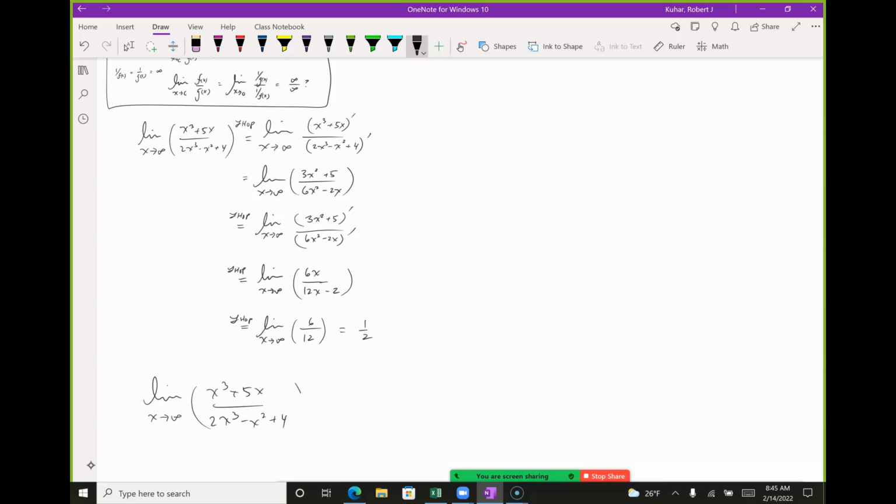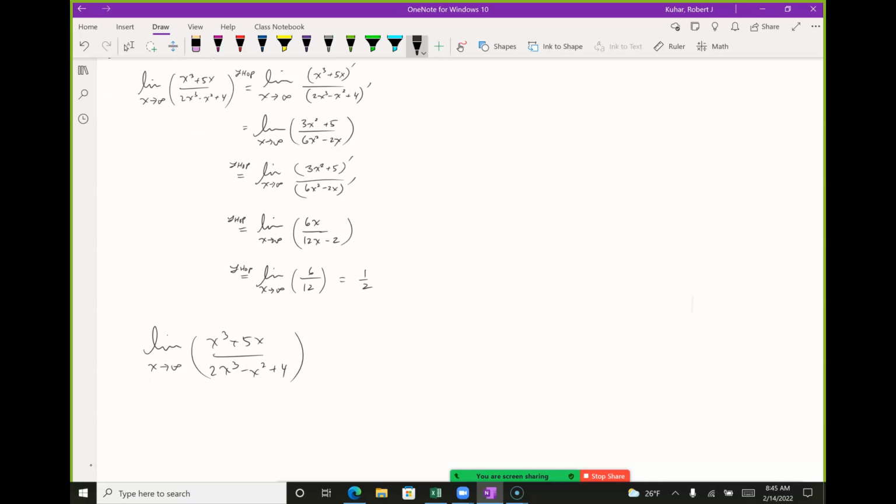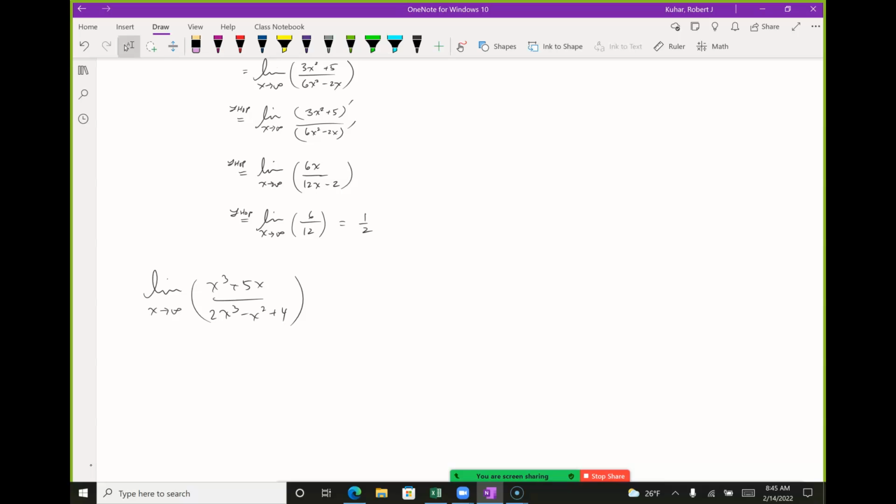And this is the process that the book uses every time, this application of the theorem that 1 over x to the n as x goes to infinity is 0. What I'm going to do is work on this inside function, take the highest power of x and divide every term by that highest power. So x cubed is the highest x term.